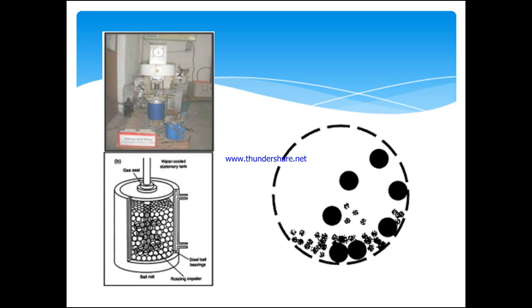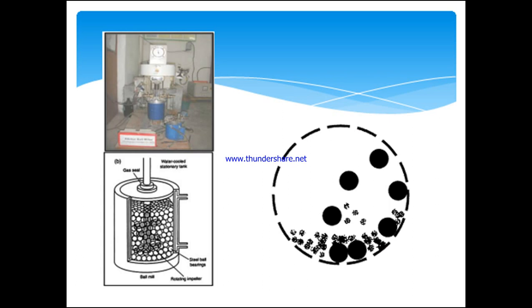So when the ball mill starts to rotate with high velocity, with high speed, the inner steel balls go on rotating here. So you can see the third figure here, that is the circle. These are nothing but the rotary tank what we are having. In this we are going to see the steel balls. So when it starts rotating, the steel balls also start rotating here with high speed.